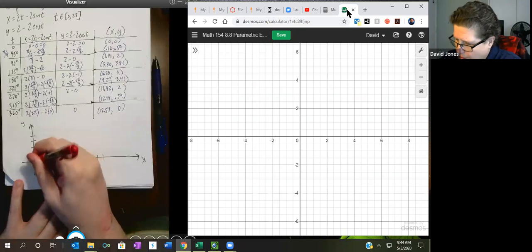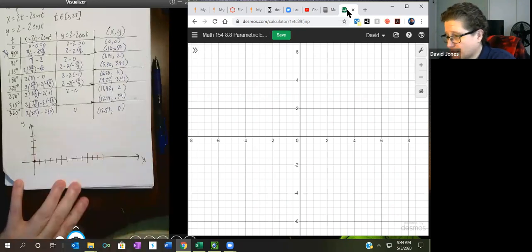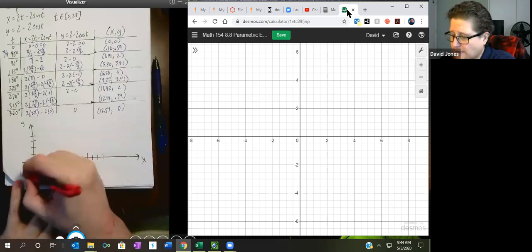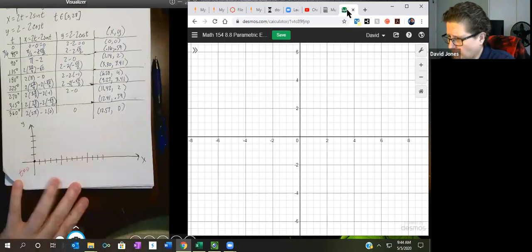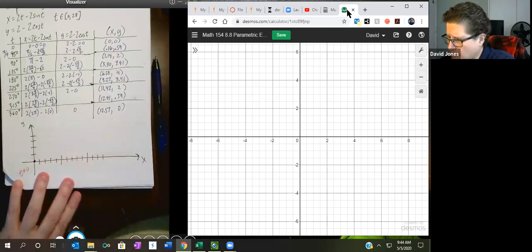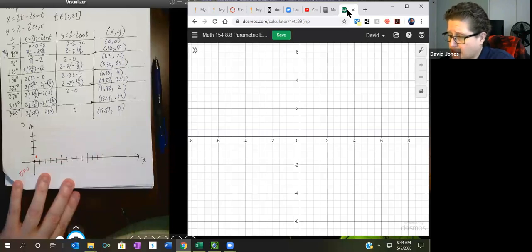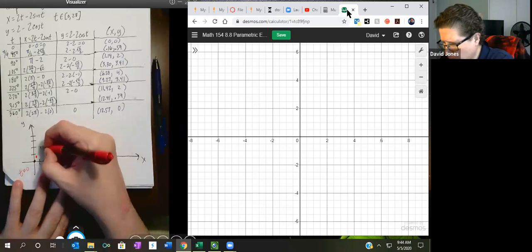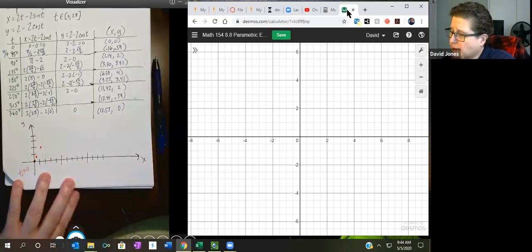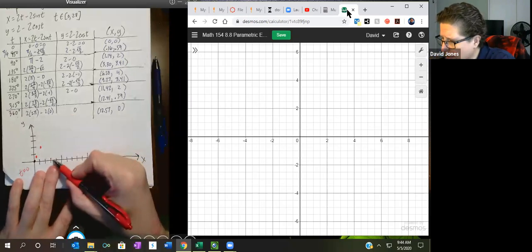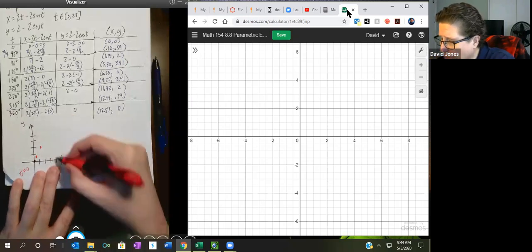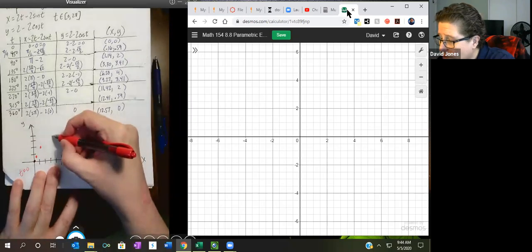We start plotting our trajectory. That's at t equals 0. .16, 0.59 is right about there. 1.14 and 2 is right about there. 3.3 is a little bit past this, and we're up to 3.41, which is right about there.